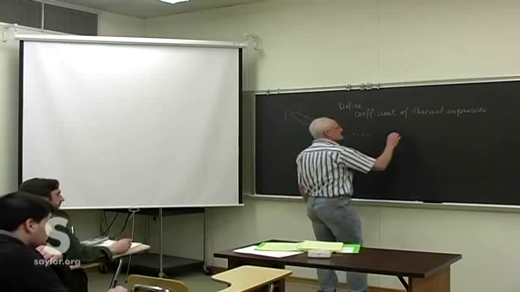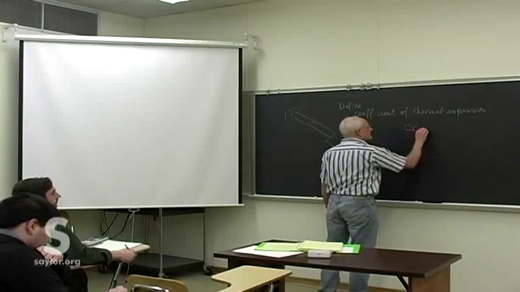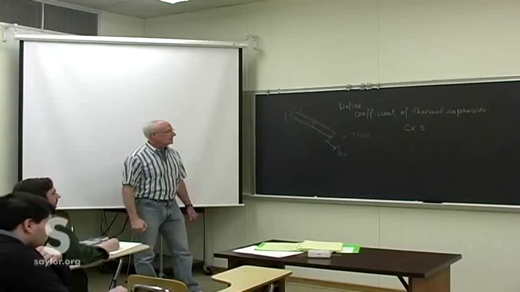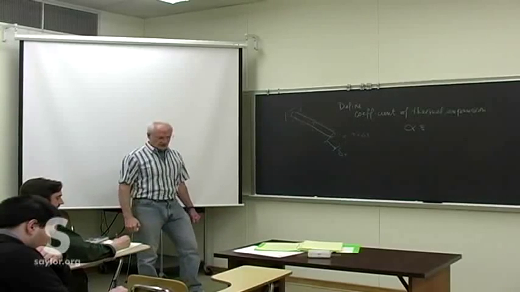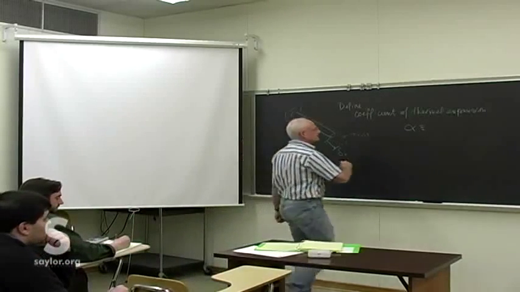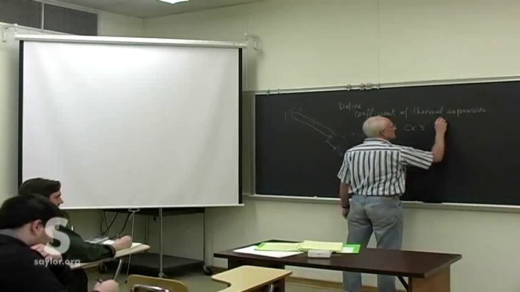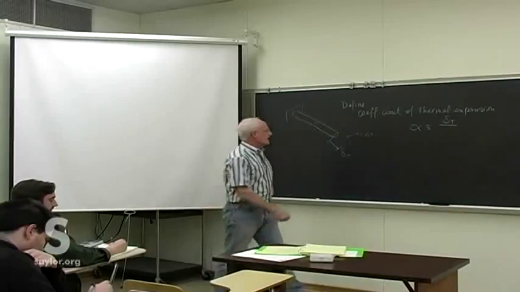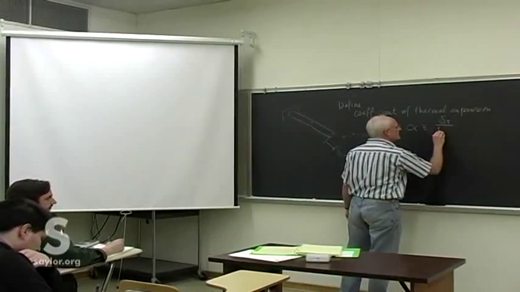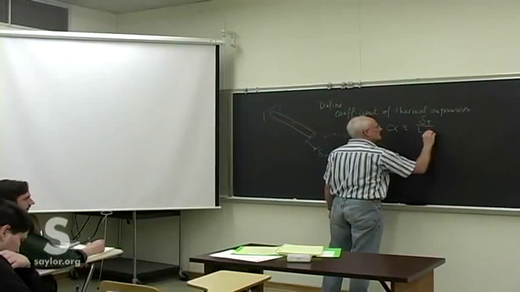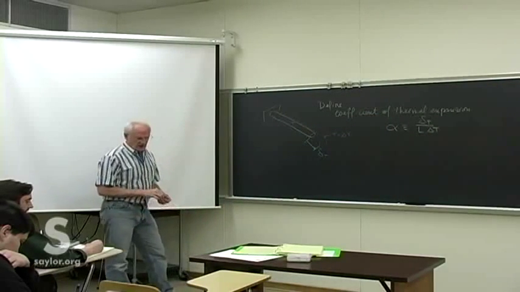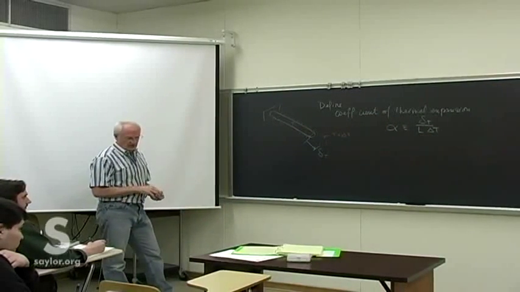I think the symbol used by the physics books is a beta. This book happens to use an alpha for the coefficient of thermal expansion, but defined as the amount of length change with respect to the original length, times the amount of temperature change from the original condition.